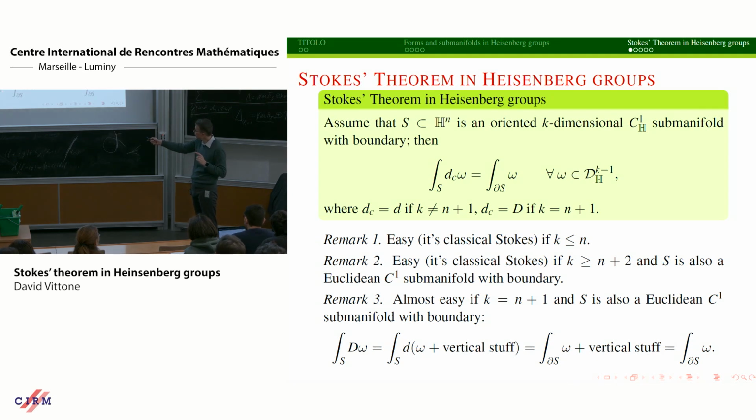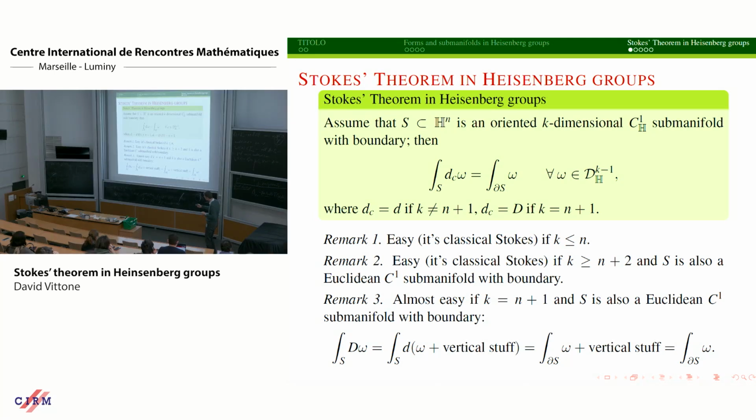Remember, in this case, the submanifold S itself is defined as a level set, but its boundary is a horizontal n-dimensional submanifold. And since it's horizontal, when you integrate a vertical stuff, it gives you 0. And that's the reason for which we have Stokes.